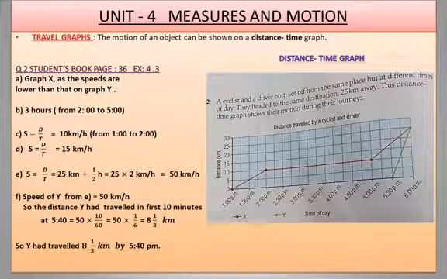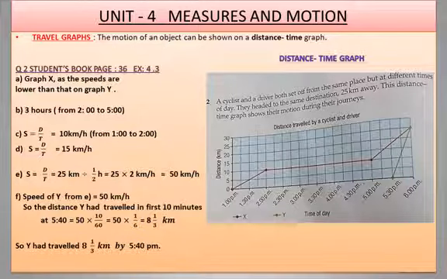From 1 to 2 he reached 10 kilometers, so 10 kilometers in 1 hour. Speed equals distance by time, 10 by 1 equals 10 kilometers per hour. So the speed of X in the first hour is 10 kilometers per hour.